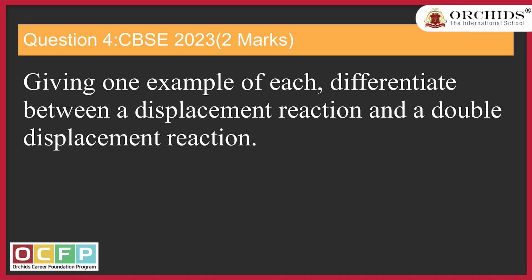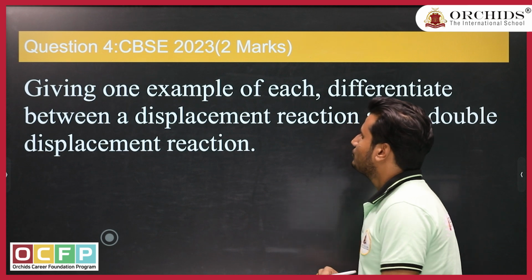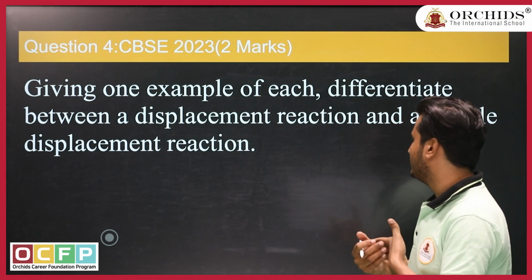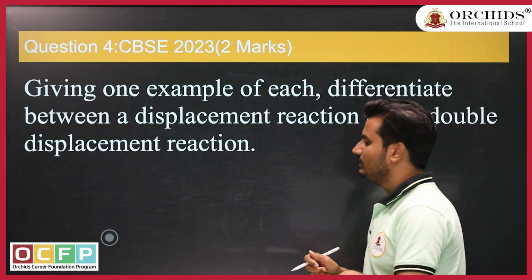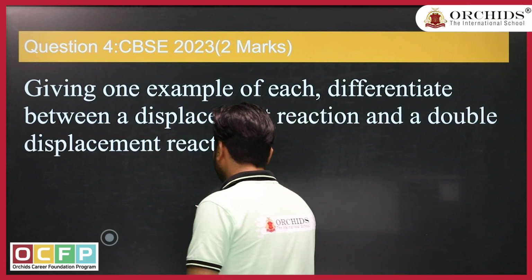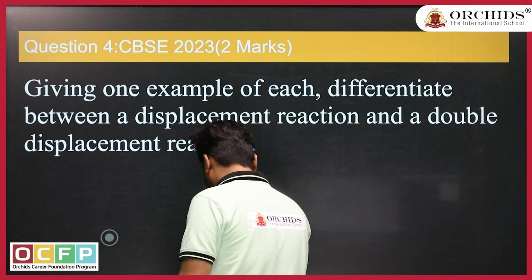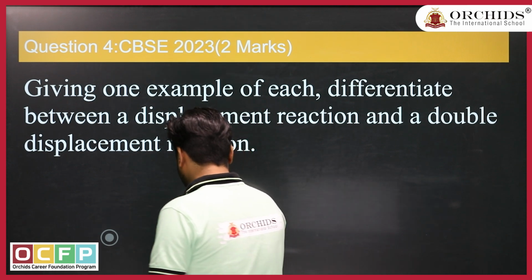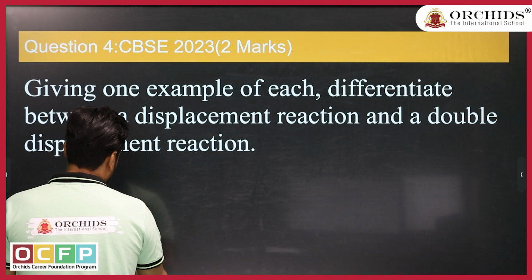So our next question is a 2-mark question. Give one example of each to differentiate between a displacement reaction and a double displacement reaction. So we will take one reaction each of displacement and double displacement.